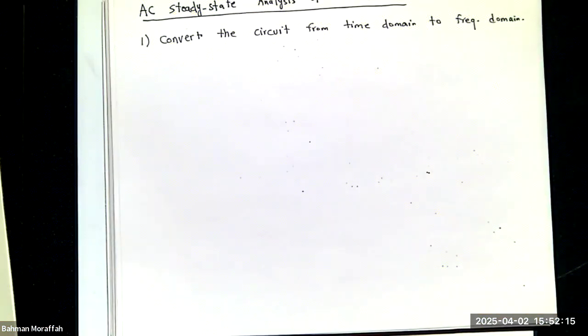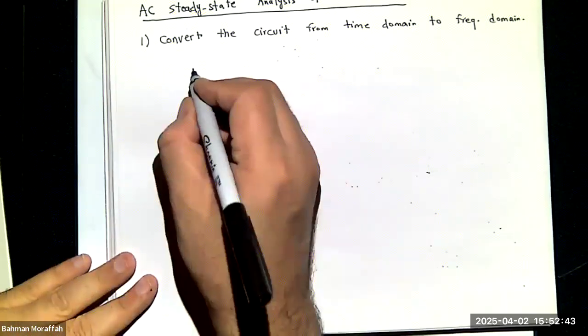Again, remember, when we're converting the circuit from time domain to frequency domain, we're converting everything, including the sources. For the sources, we replace them by the phasor representation. For the resistance, we keep the value of the resistance because it remains unchanged. For the inductor, we change the value to i omega L. Remember, omega is given to you. And we change the value of C to 1 over i omega C. So we use the phasor representation of sources in the frequency domain.